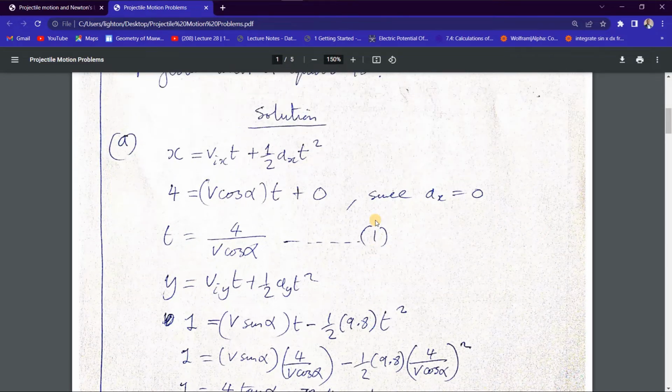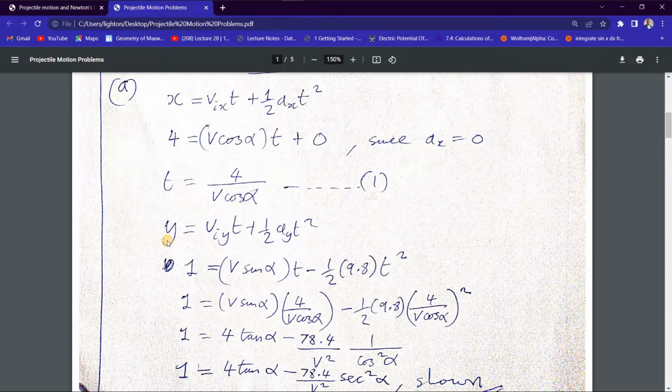Now moving to the y component of displacement, we have y is equal to v subscript iy, the initial velocity in the y, times time plus half ay t squared. So ay here, the acceleration in the vertical motion, is just gravity.